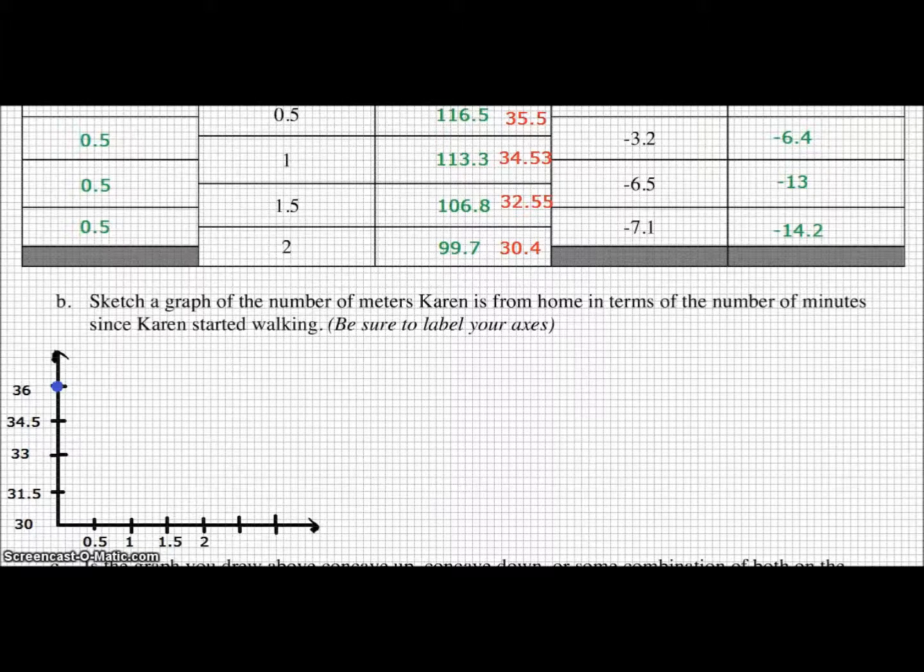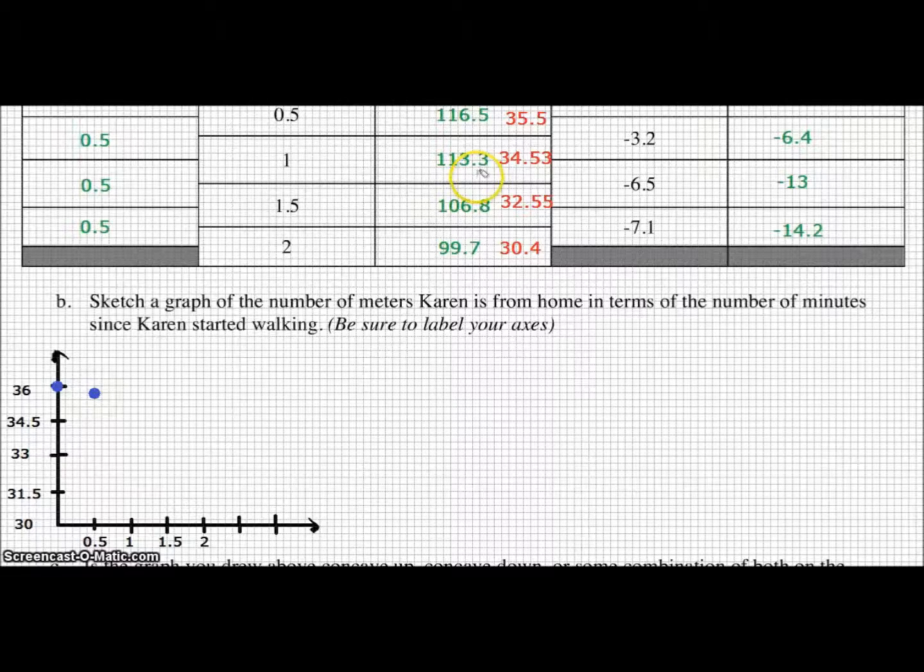I divided that into 5 units, so each unit, 1.5 divided by 5, is 0.3. So 36 minus 0.3 is 35.7. If I subtract another 0.3, I'll be at 35.4, so my next dot needs to be somewhere about right here.